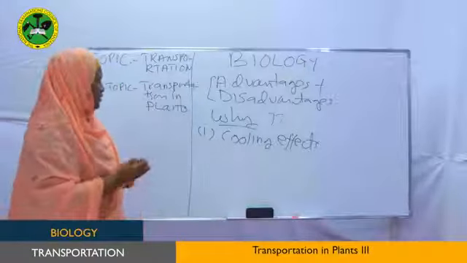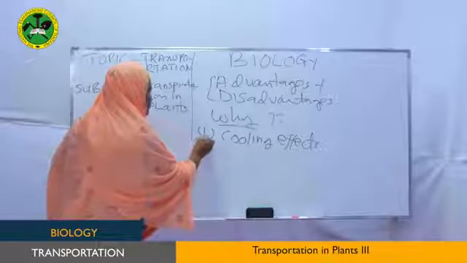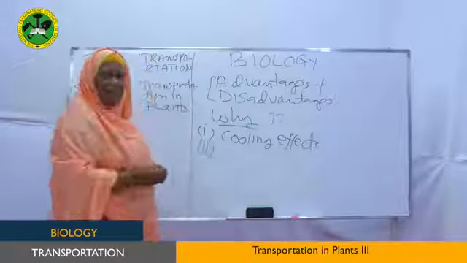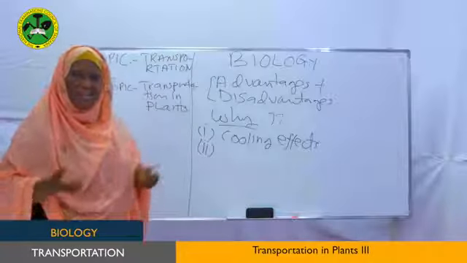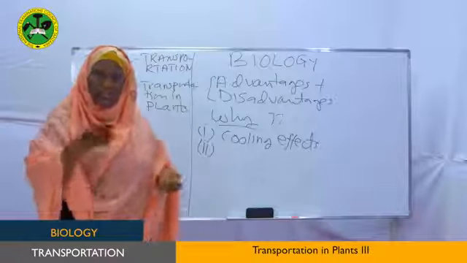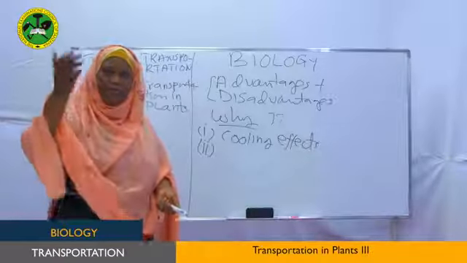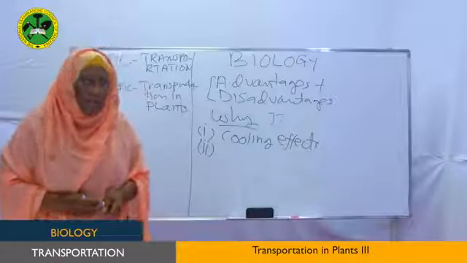That is one. Second, transpiration helps mineral salts and water to be conducted from the soil up to the upper part of the plant.